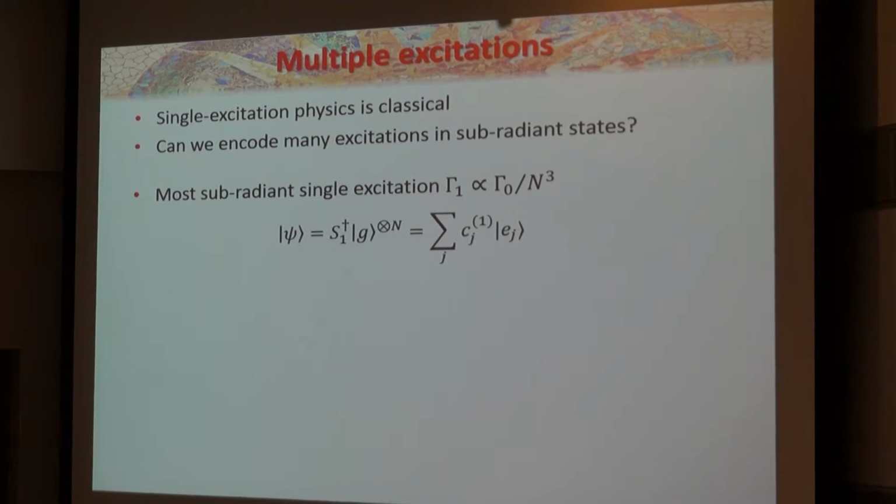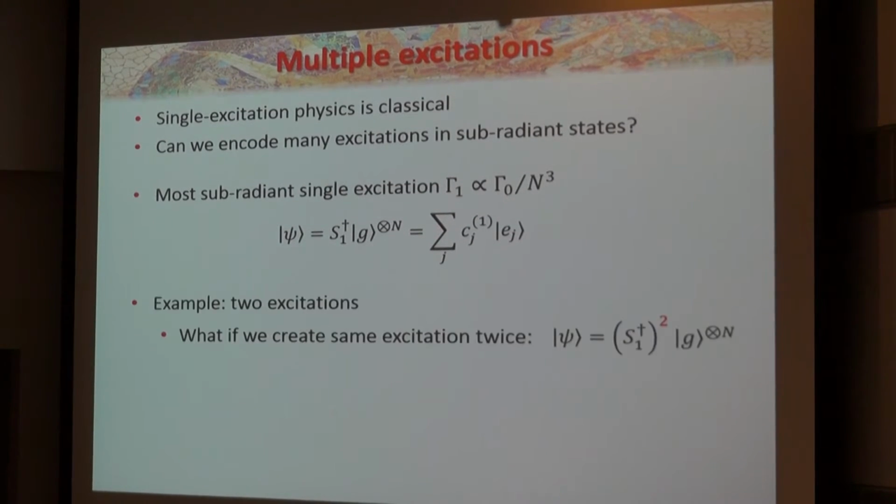In general, I would just solve it numerically by diagonalizing my Hamiltonian. But the point is there's some collective spin excitation operator that you can associate with this superposition of atomic excited states. Now I can ask, what if I create 2 excitations? The natural thing to try first is, what if I take that single excitation and try to create a second one exactly on top? Is it going to be an eigenstate, and is it going to be subradiant?